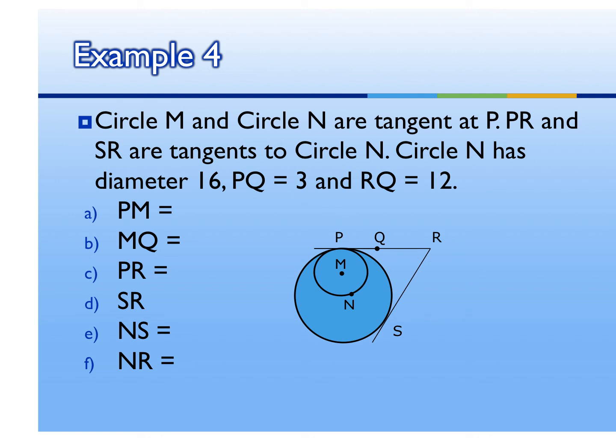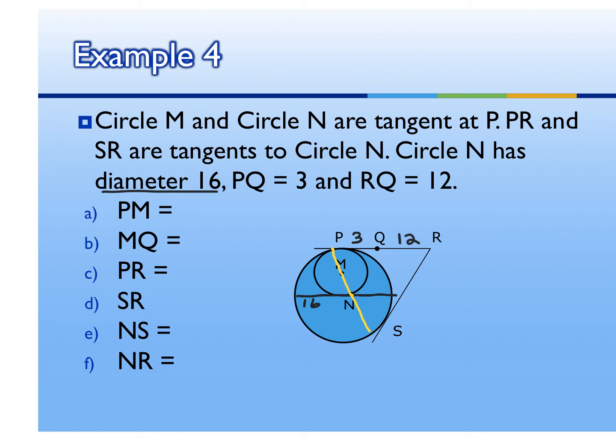So PQ is 3. RQ is 12. They also told me that I have a diameter of 16. So I could draw my diameter here straight across, and that would have a length of 16. Now remember, it doesn't matter where I draw a diameter. So even if I were to draw it this way, so that it goes through the little circle, it's still 16.